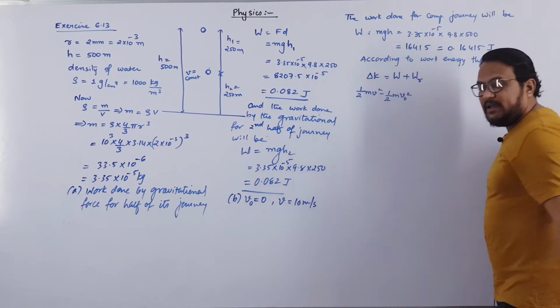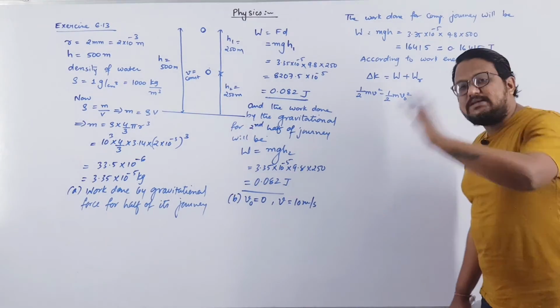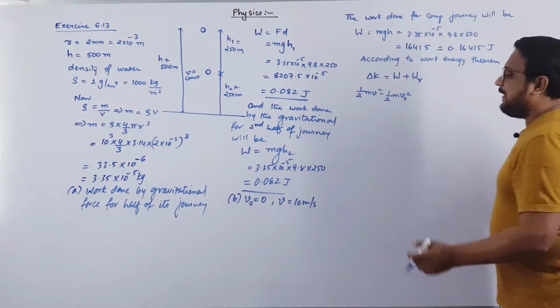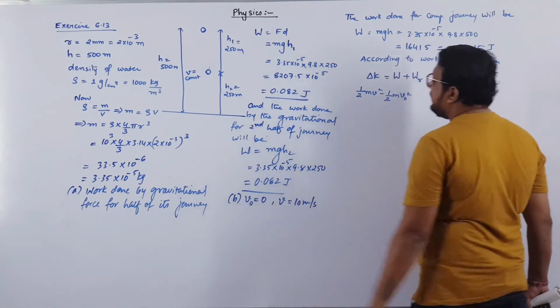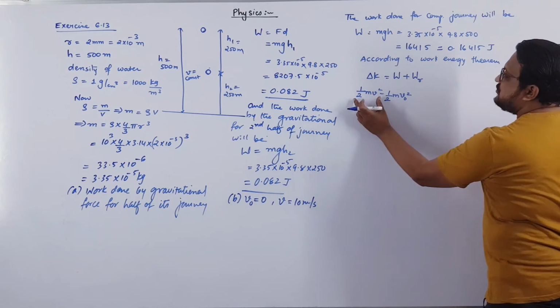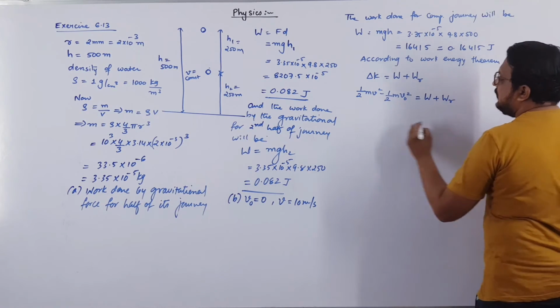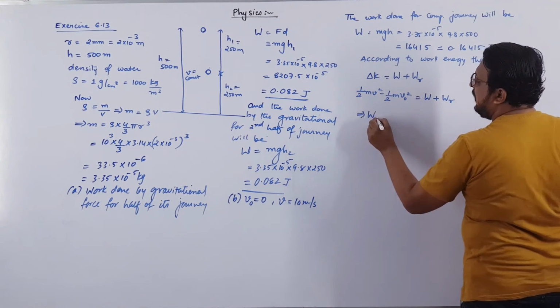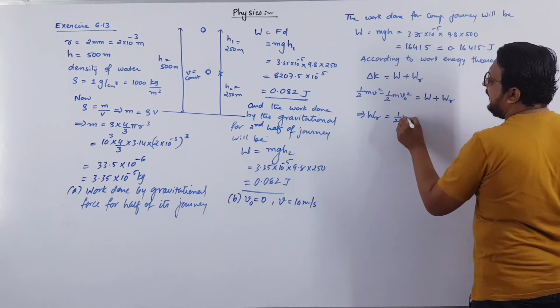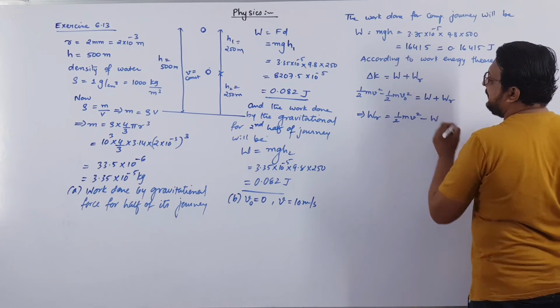What is delta K? Final kinetic energy minus initial kinetic energy, right? Initial kinetic energy will be 0, and final kinetic energy half mv square will be equal to W plus WR. So this implies that WR will be equal to half mv square minus W.